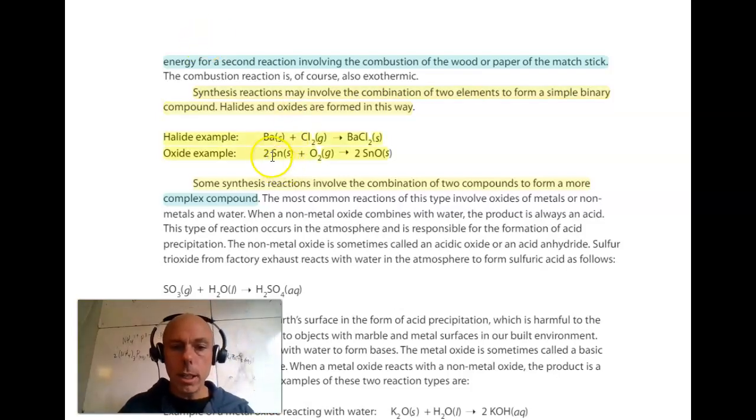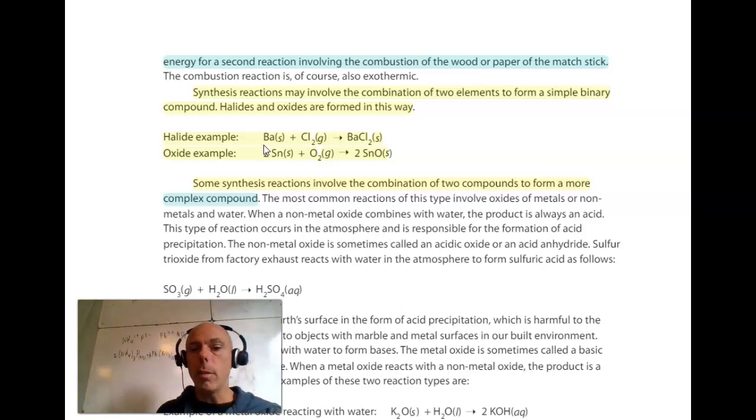So here we see 2 examples of this basic type of synthesis reaction where the 2 reactants are just 2 elements. Top one is barium reacting with chlorine to form barium chloride. And the compound, as you might imagine, is comprised of just those 2 elements, barium and chlorine. Synthesis reactions will typically be a metal, barium in this case, and a nonmetal, chlorine in this case, forming an ionic compound.